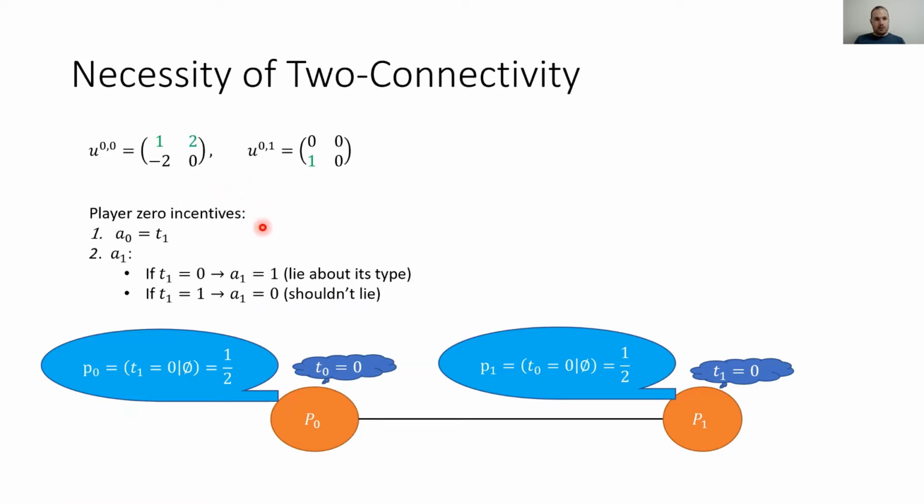What does he know? That he wants to take the action of the other's type, and he wants to influence the other's action. If the other's type is 0, he wants the other's action to be 1. So he wants to influence and to lie about his type. But if the other's type is 1, he wants to tell the true type.